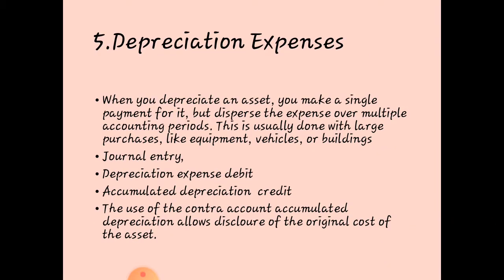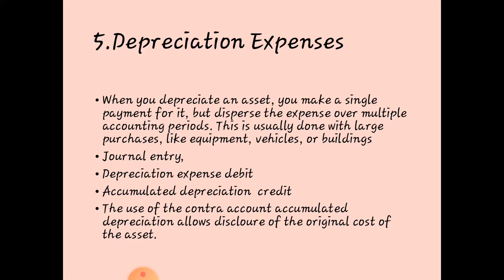Depreciation expenses. When you depreciate an asset, you make a single payment for it but disperse the expense over multiple accounting periods. This is usually done with large purchases like equipment or buildings.